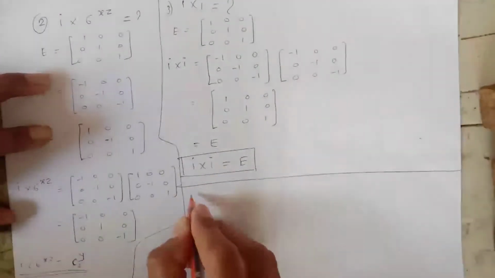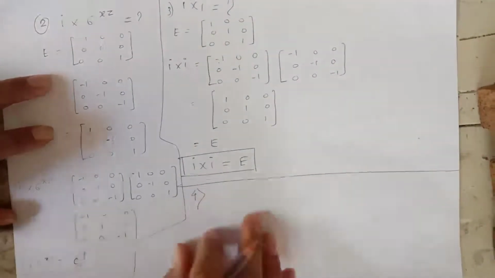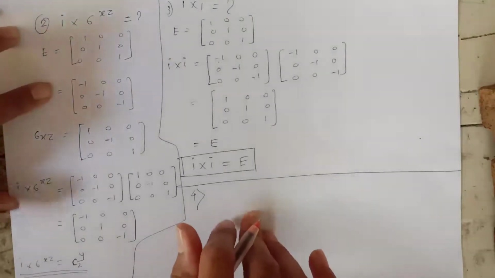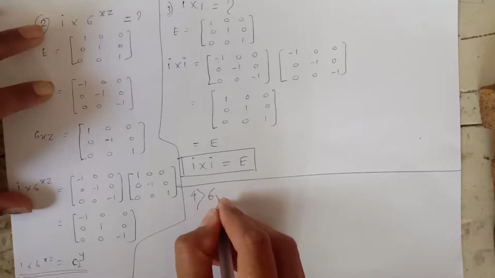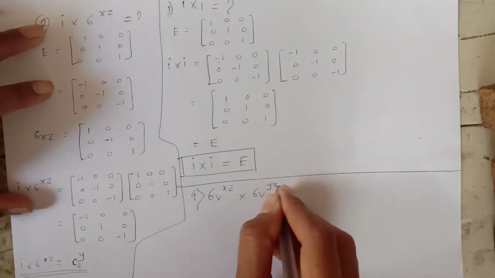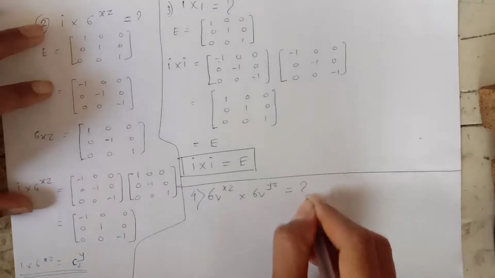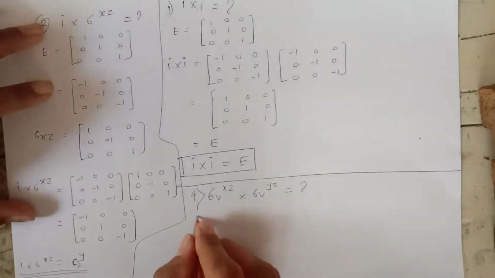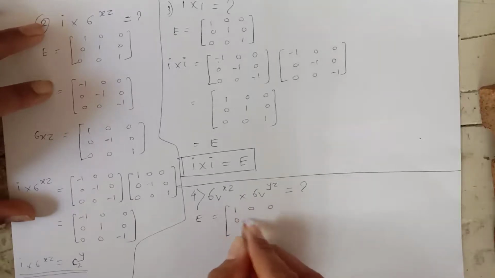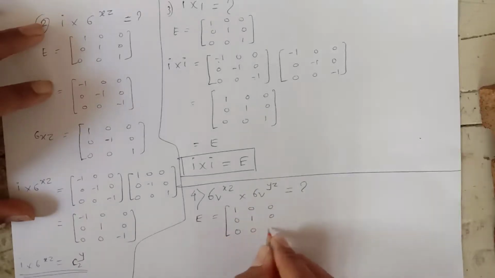Then the next example, the fourth example, is sigma v xz into sigma v yz, which is equal to, you have to find out that one. First you have to write the identity matrix here 1 0 0 0 1 0 0 0 1.